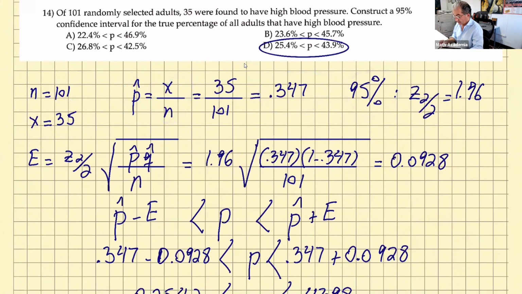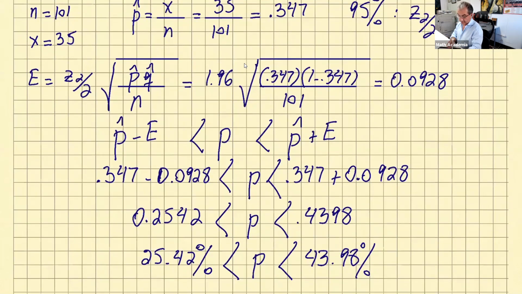For a 95% confidence level, z sub alpha over 2 is 1.96. Same formula, E equals z sub alpha over 2 times square root of p hat q hat over n, 1.96 times the square root of 0.347 times 1 minus 0.347 divided by 101. And if you use your calculator, you get 0.0928.